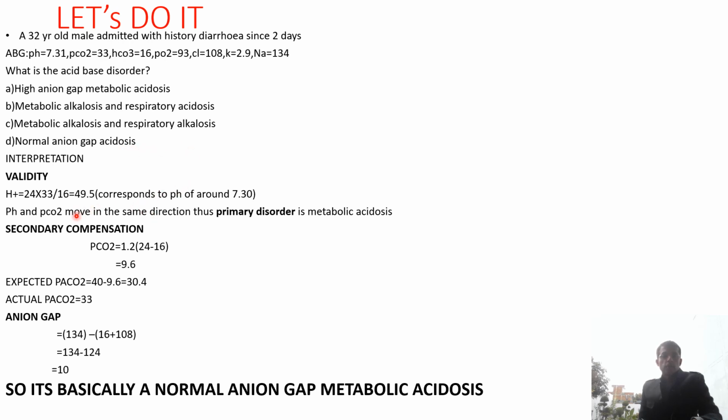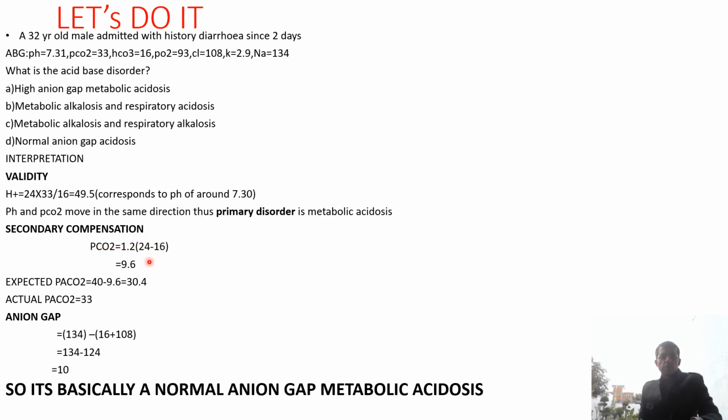So validity: H positive is 24 into PCO2, that is 33, divided by bicarbonate 16, that is 49, so it corresponds to a pH of around 7.30, so it is okay. pH and PCO2 move in the same direction, so it is a metabolic acidosis.